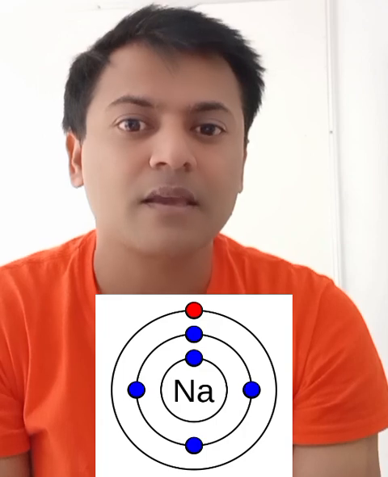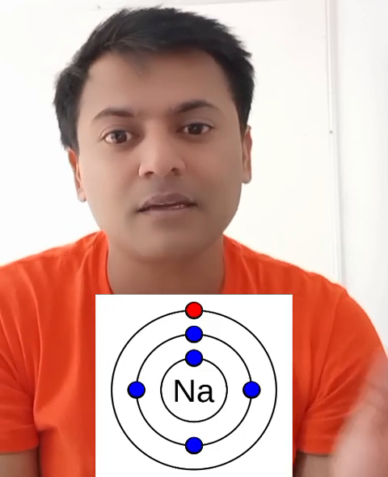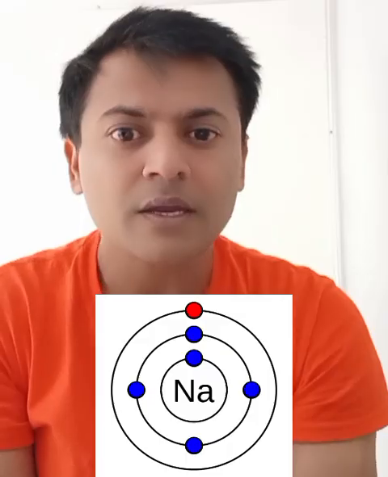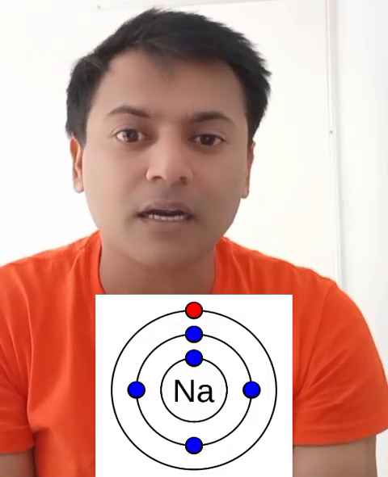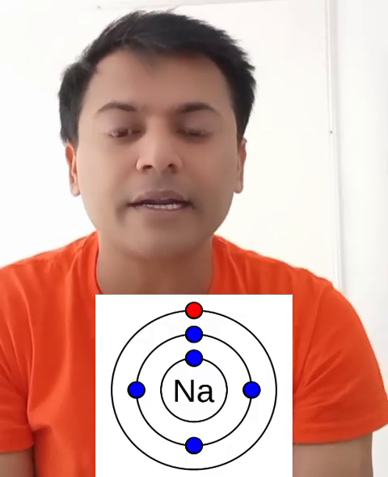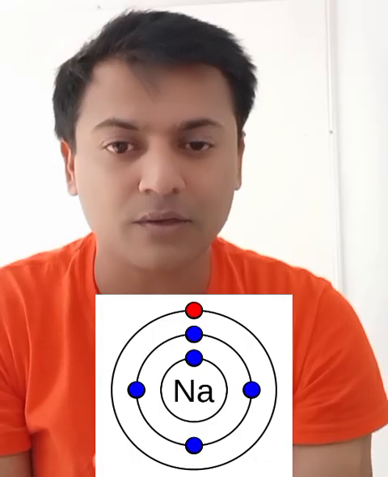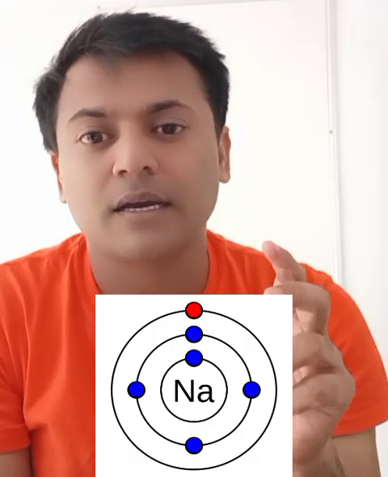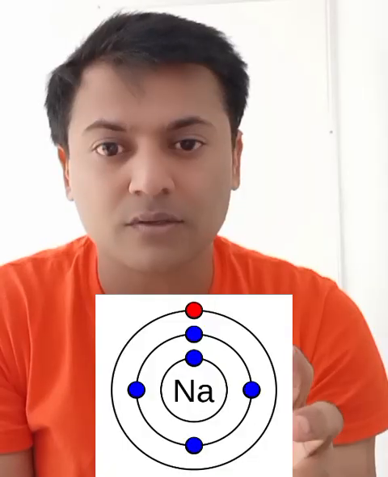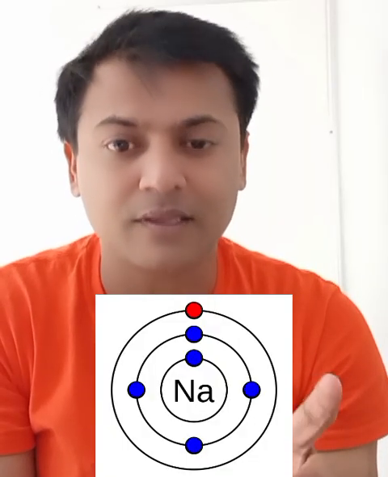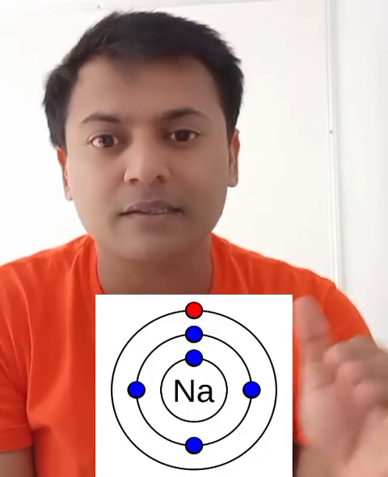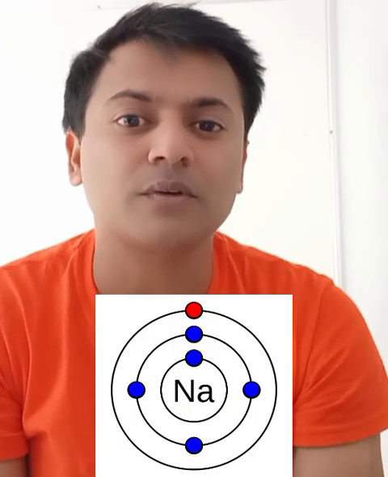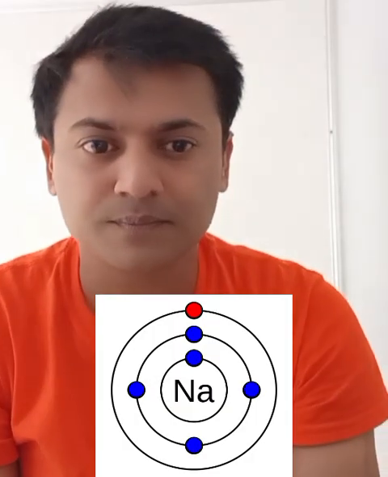So you can imagine the energy will be increasing when we remove the second and third electron, because the second and third electrons will be tightly bonded with the nucleus. They have the strongest bonding with the nucleus, so it will be difficult to remove the second and the third electron.